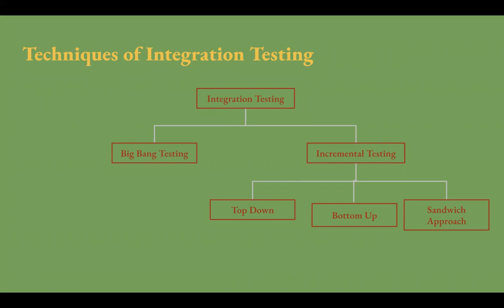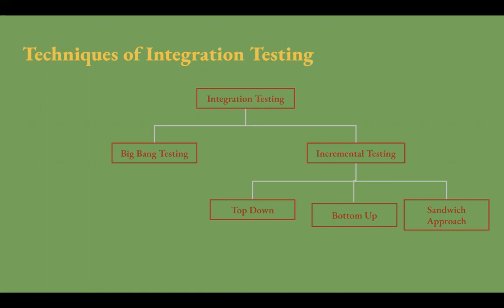In bottom-up integration testing, the lower level modules are tested first. Then these modules are further integrated to upper level modules and test them. This process continues until all modules are integrated and tested up to top level.